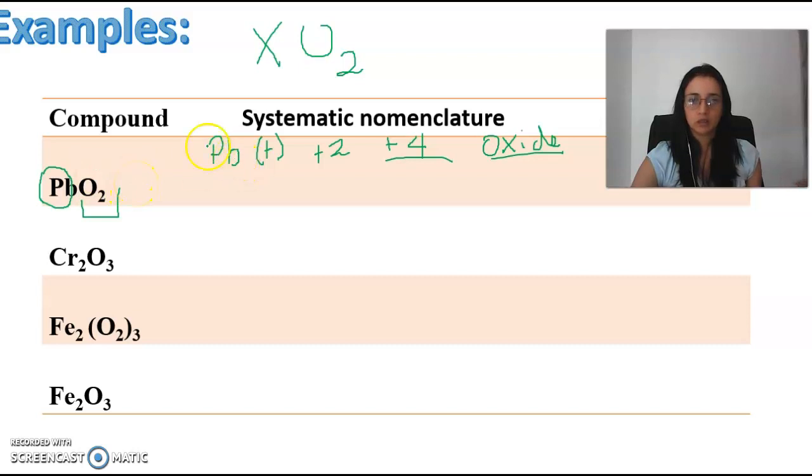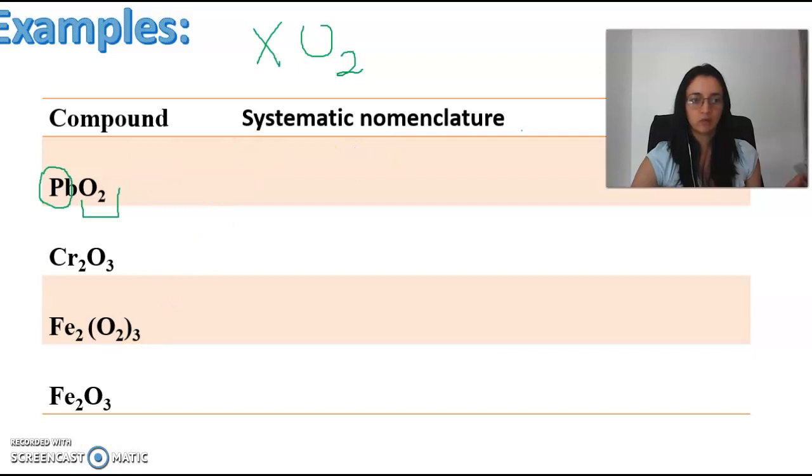So knowing that, I know that my anion is oxide. Well, it's oxygen with a -2 oxidation state. So in this case, my compound is an oxide because of the oxidation state of the elements involved.